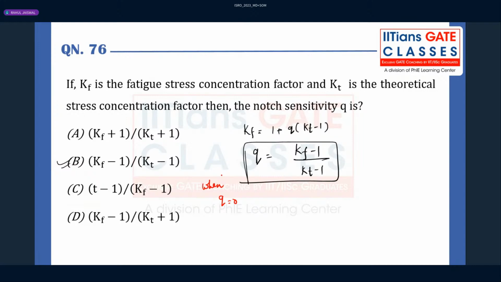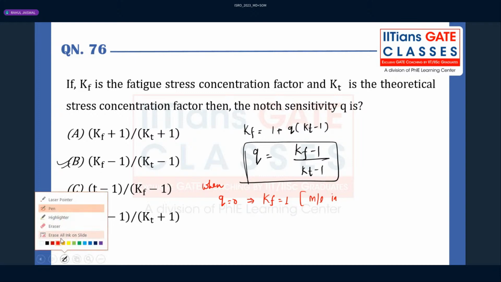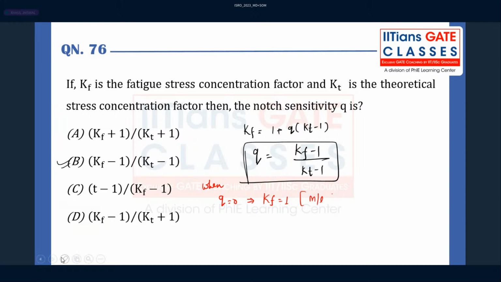When the notch sensitivity is 0, Kf will be equal to 1. The material is insensitive to the notches.